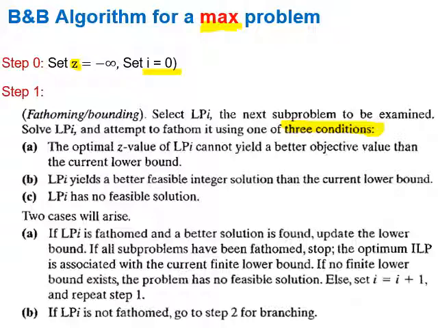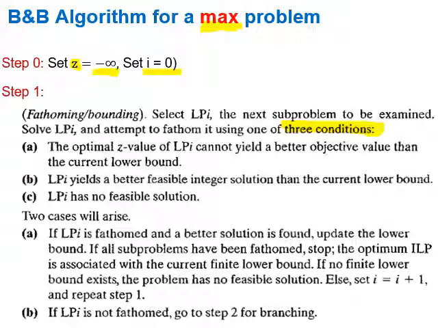The optimal z value of LPI, so when you solve this LP, the objective function value of that solution, says that it cannot yield a better objective value than the current lower bound. We are in a maximization problem, and since we just started, the current lower bound is minus infinity.